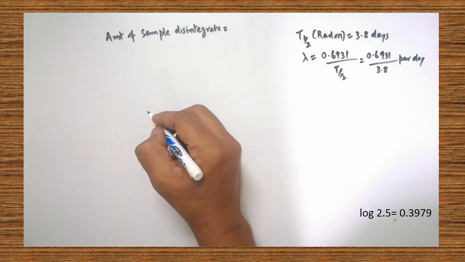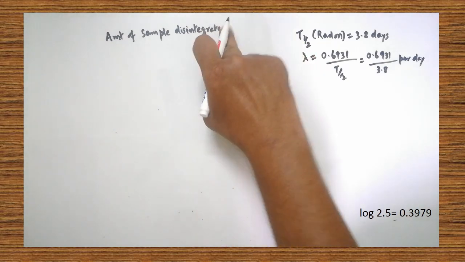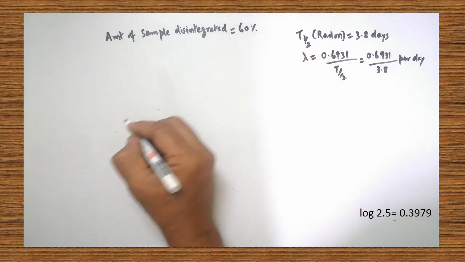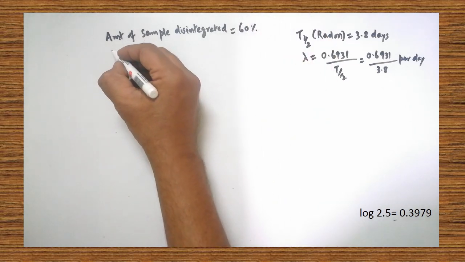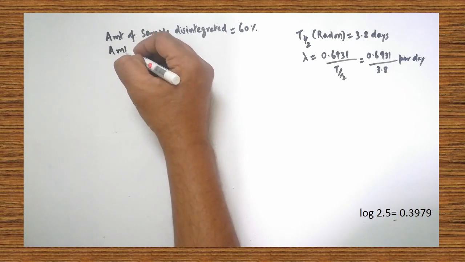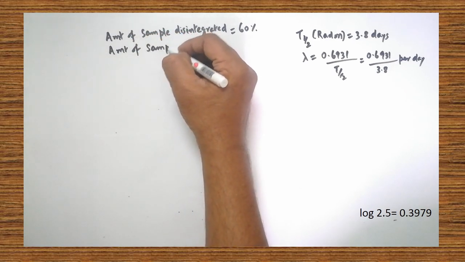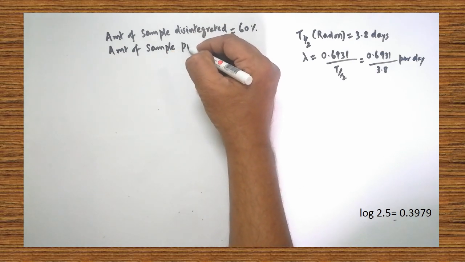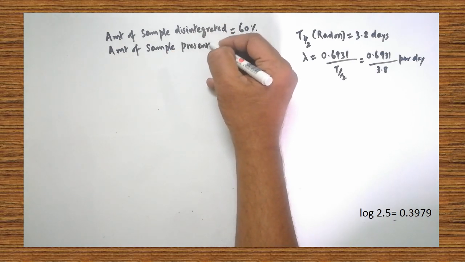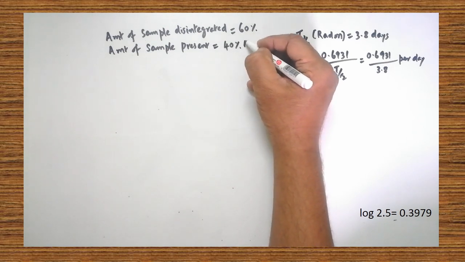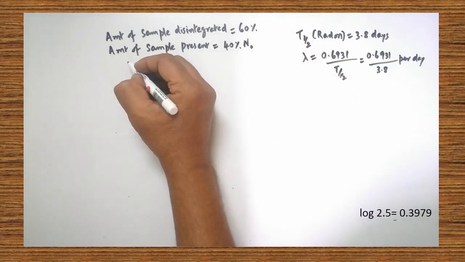The amount of sample disintegrated is 60%, so 60% must be written. The amount of sample present at that instant is, how will you calculate? The remaining 40% of the original amount, that is N naught.